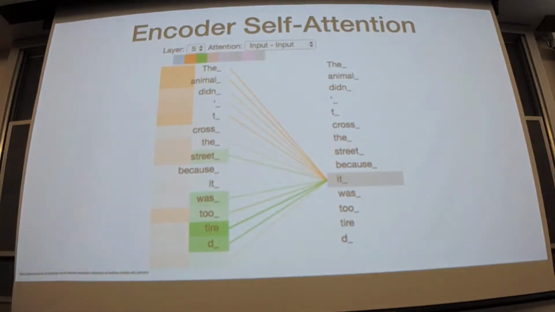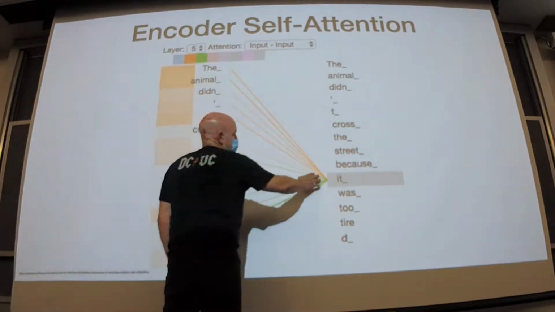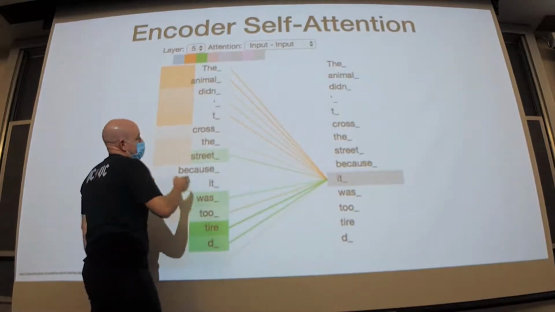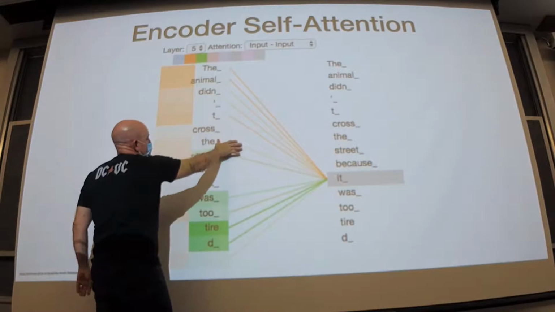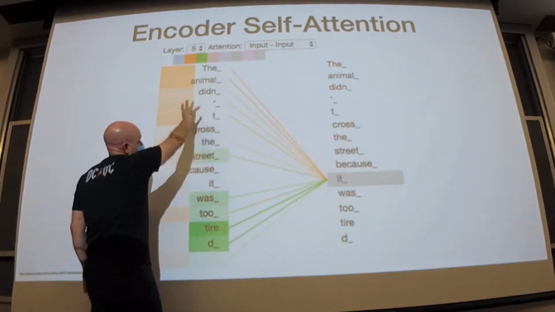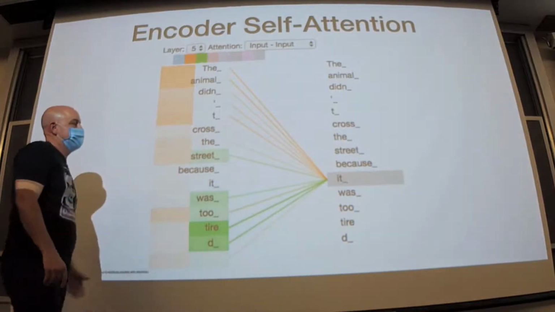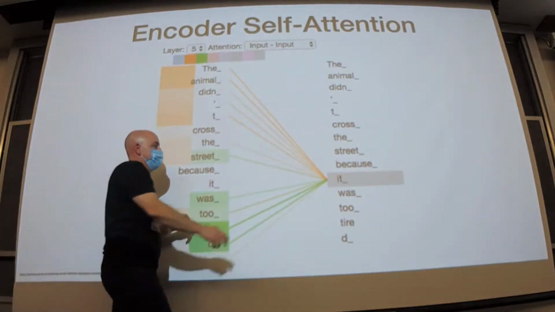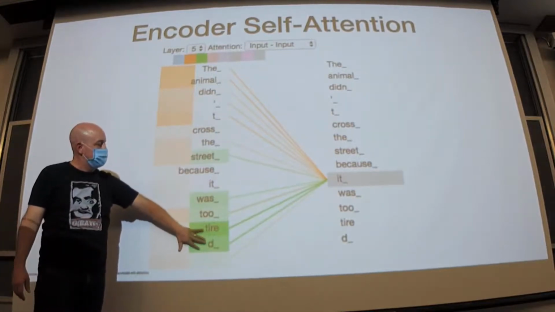Why does that make sense? What does "it" refer to in this sentence? The animal. That's great. Intuitively that makes sense to us. It also has some other parts where it's slightly attending to some of the other words, as "it" is transitioning into doing something else. This other head, for this "it", is actually paying attention to a totally different part of the sentence.